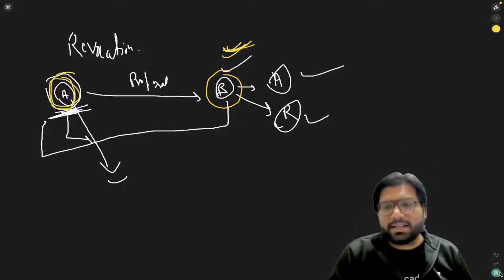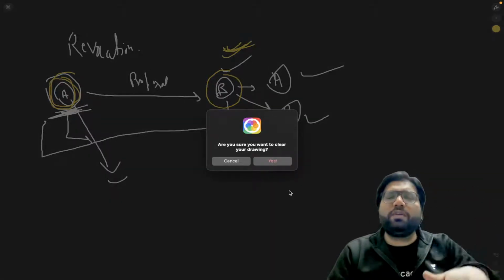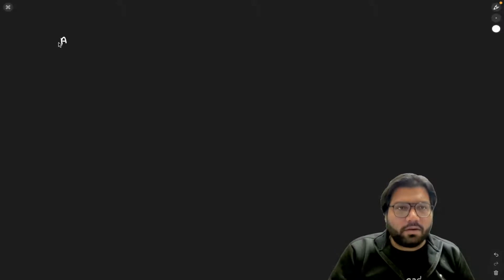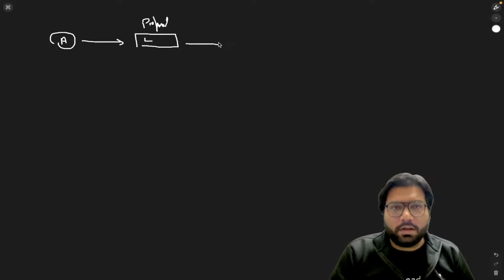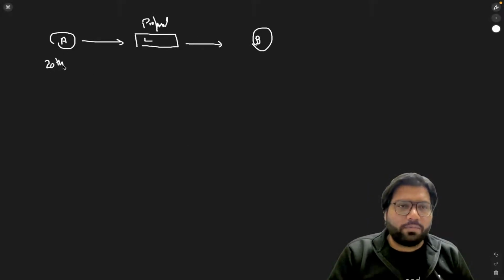Fine. So let's take a simple example now. I have just explained the concept of revocation, now we will do a simple example. Suppose Mr. A writes a letter, a letter of proposal, to Mr. B. And this letter has been sent on 20th of December.